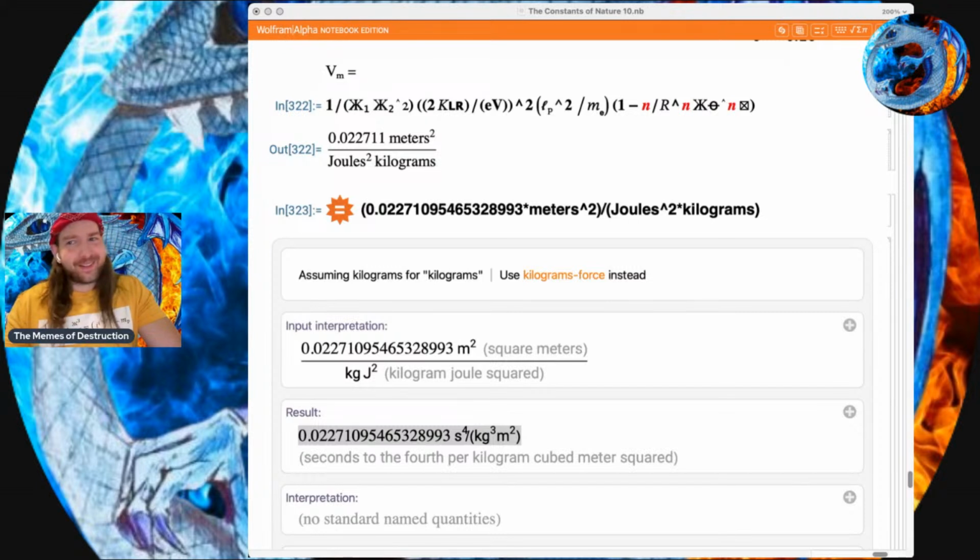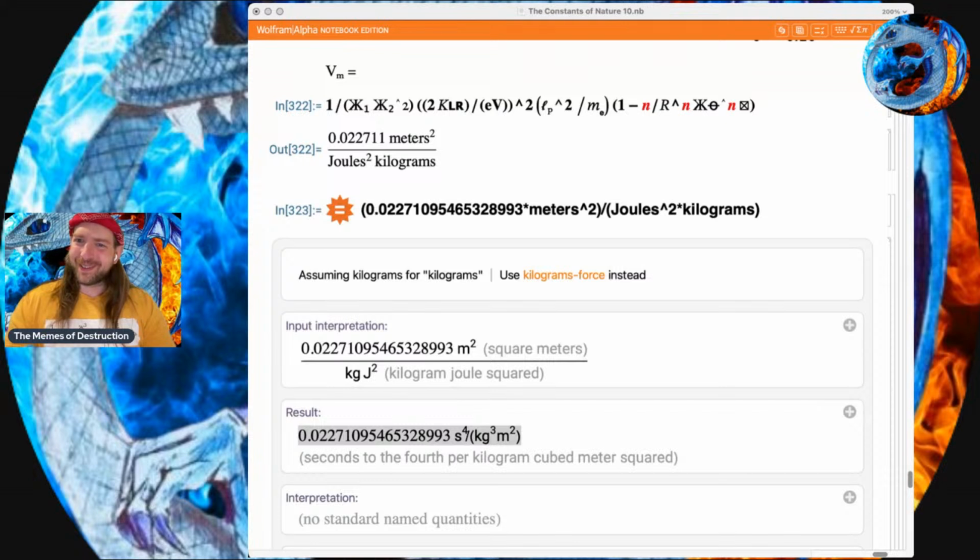Molar. Wait, is this a ratio? Molar volume. Oh, it's a volume. Meters cubed divided by mole. Hold on. What if I just express it in moles?